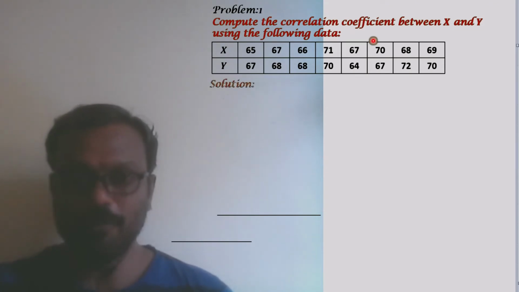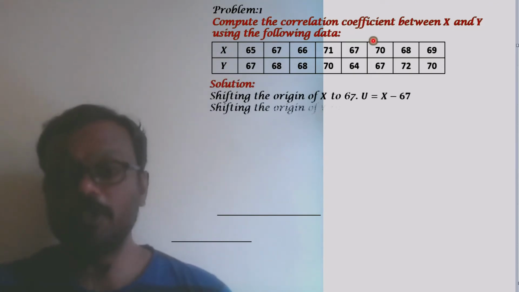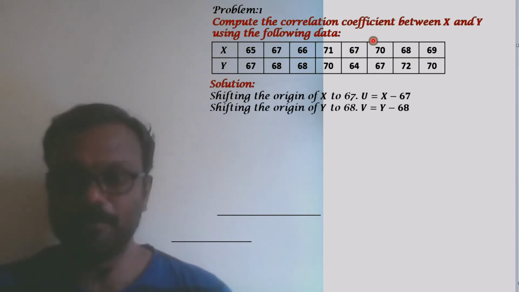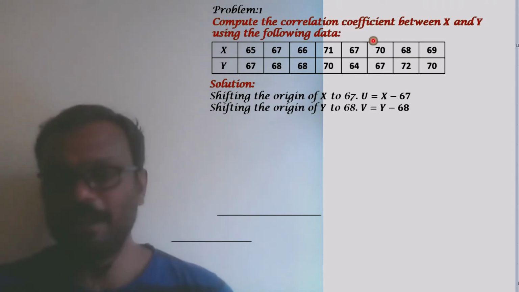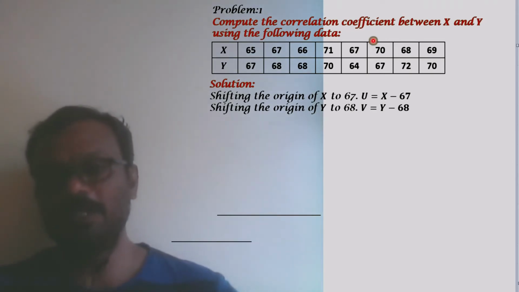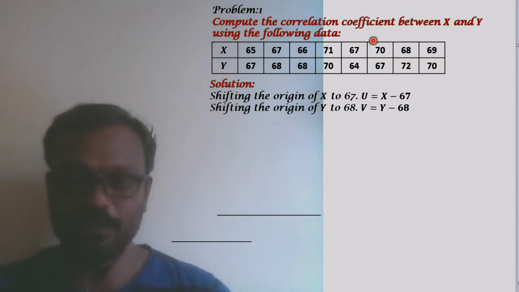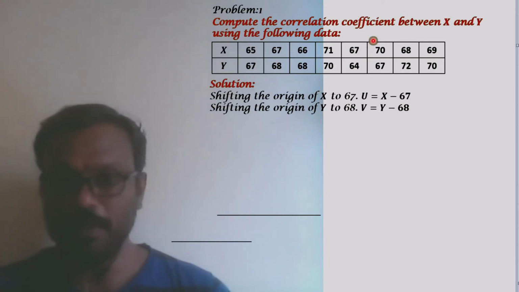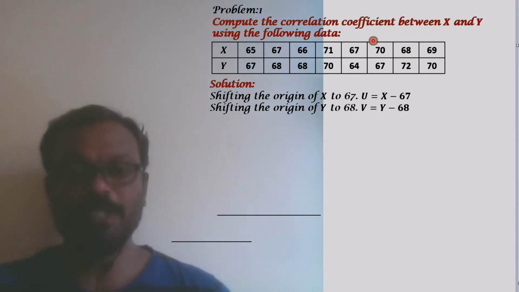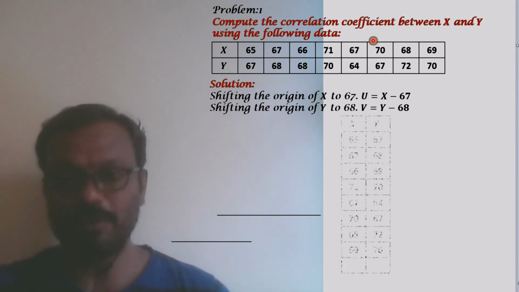So we can go for a shift of origin initially. You can choose any value. Here I have chosen 67 for x and 68 for y, but the choice is ours. The final result is going to be the same, because the correlation coefficient is independent of shift of origin.